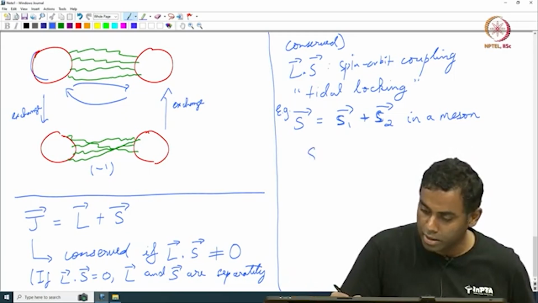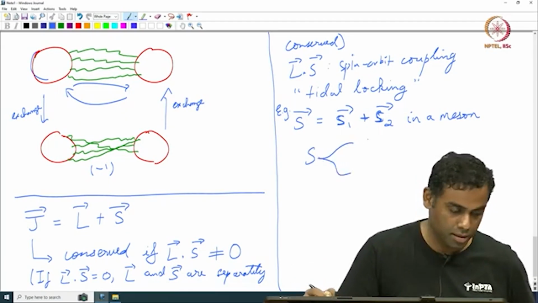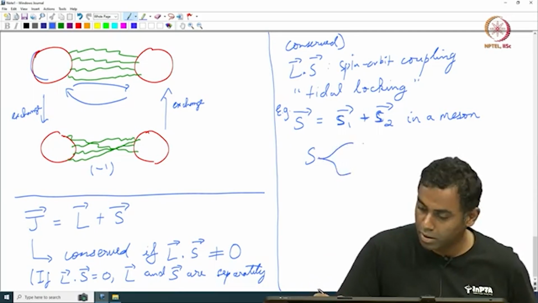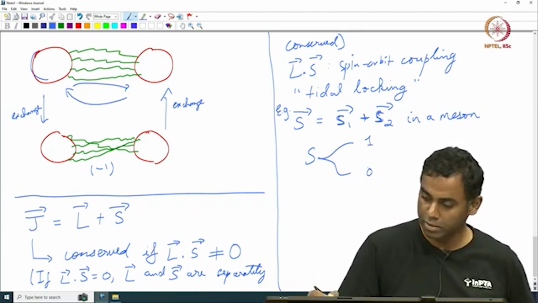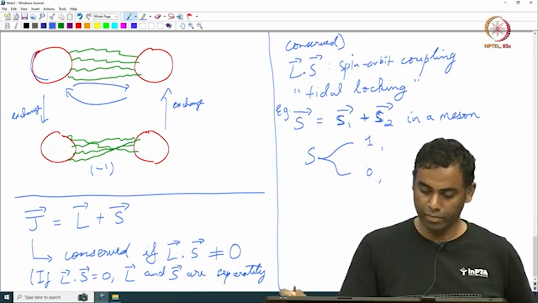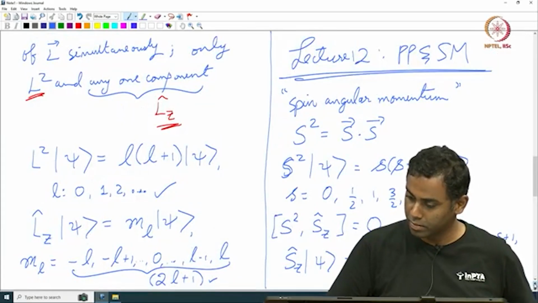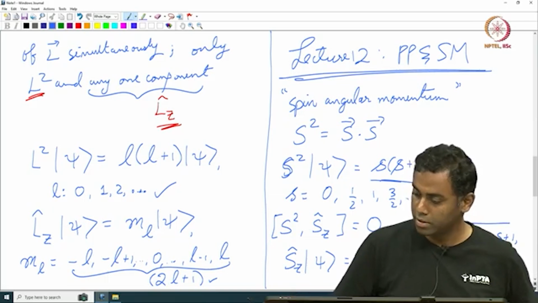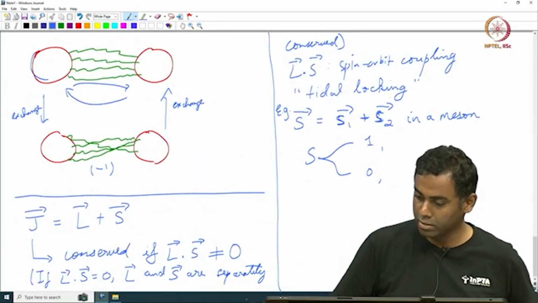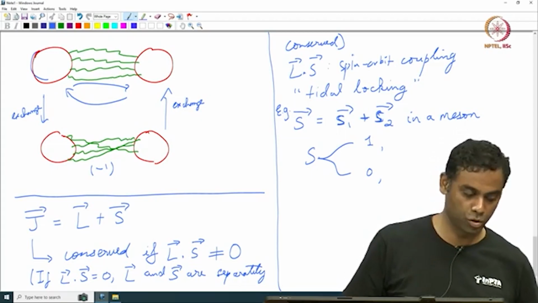I can get S as either 1 or 0, correct. Again this comes back to this and this, right. The z components add, but then the total can take on multiple values, the total spin.